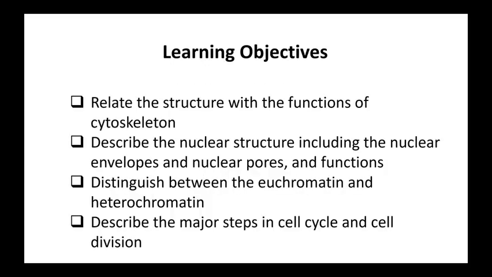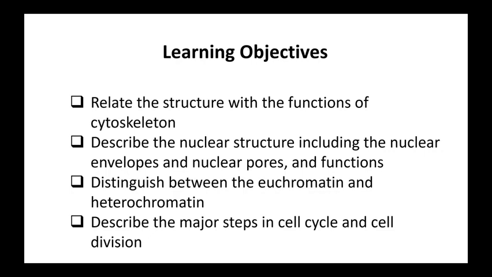Now, these are the objectives that I shared with you in the last lecture, and the main focus of this lecture would be cytoskeleton and the nuclear core structure, nuclear membrane structure, and how the chromatin material appears in light microscopy. So what is euchromatin, what is heterochromatin, and what are the main steps in the cell cycle.